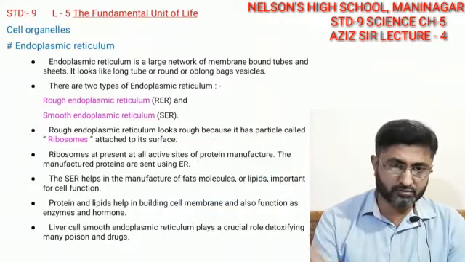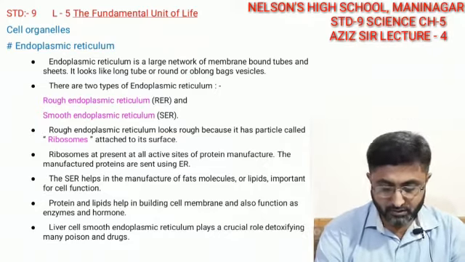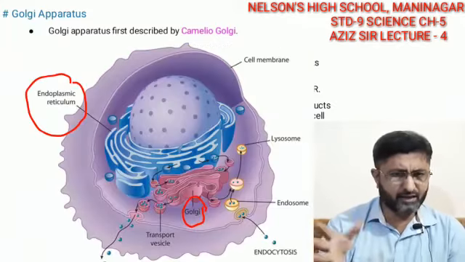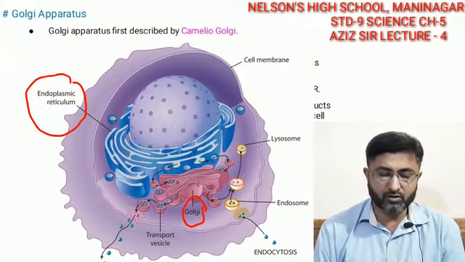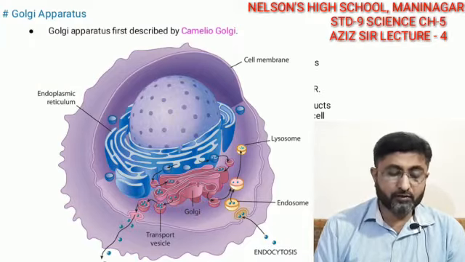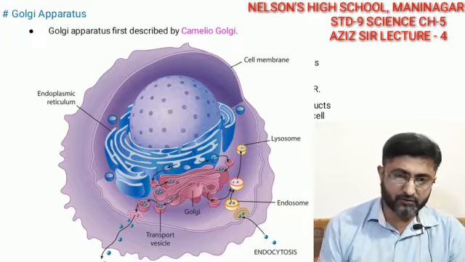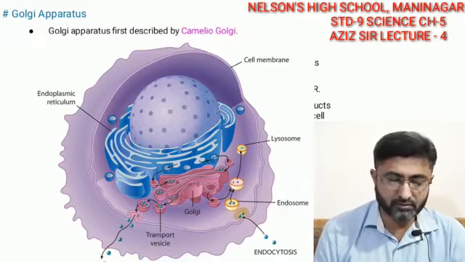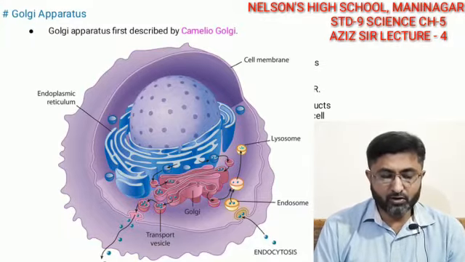As we have studied this much about endoplasmic reticulum and its importance, the next topic we are going to take is Golgi apparatus. The name Golgi apparatus was given by its founder, Camillo Golgi.